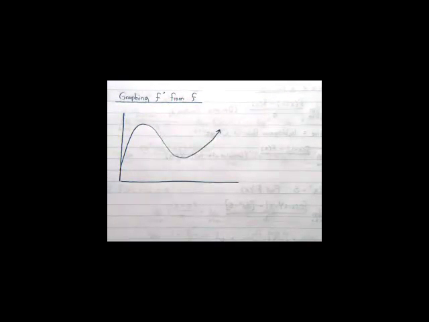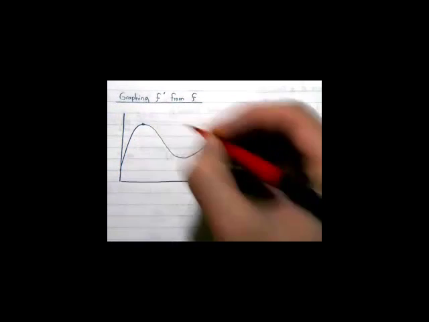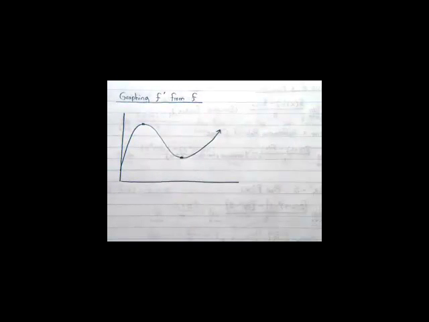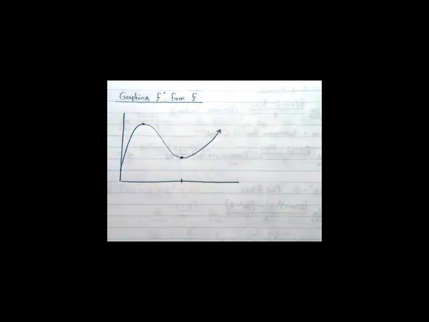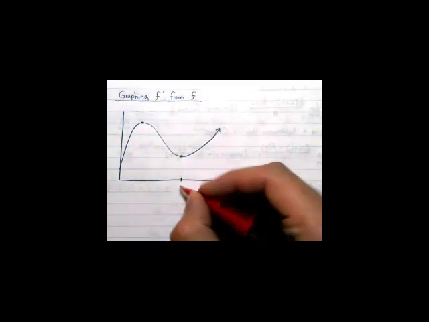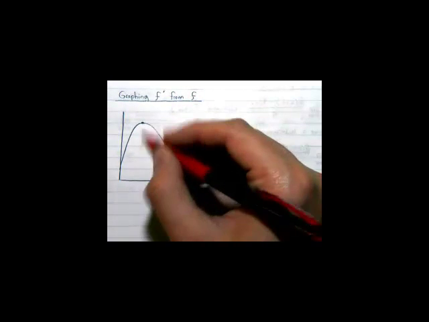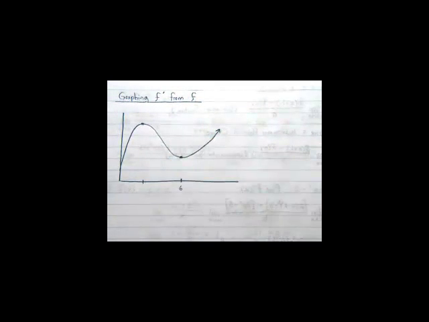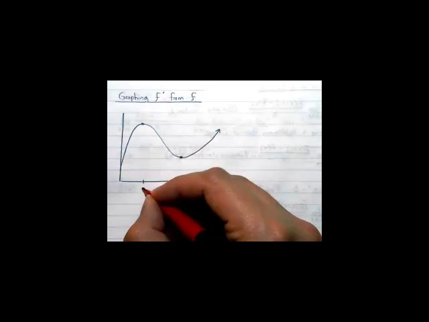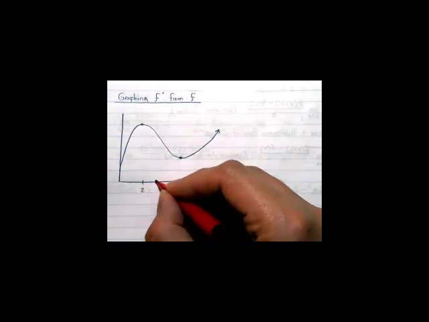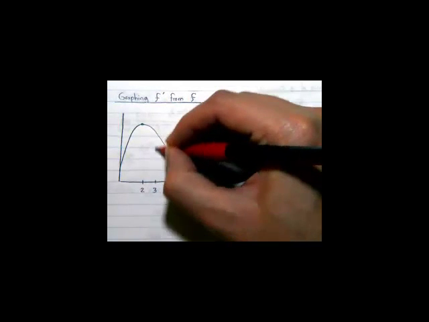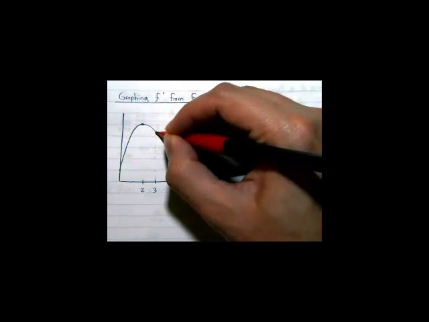All right, and we'll put some scale on this thing here. We're going to point out some key points. So this particular point is going to be at 6. This one up here is going to be at 2. And then at 3, be right there.